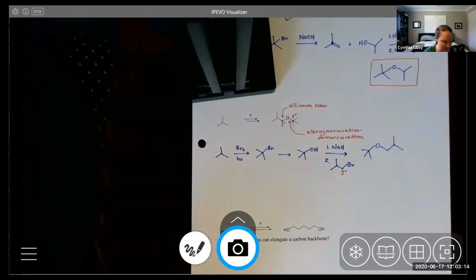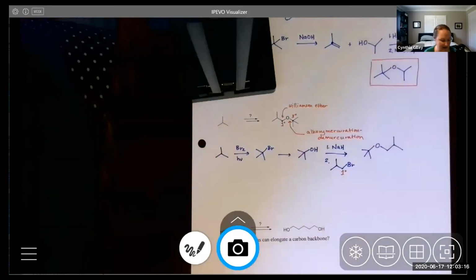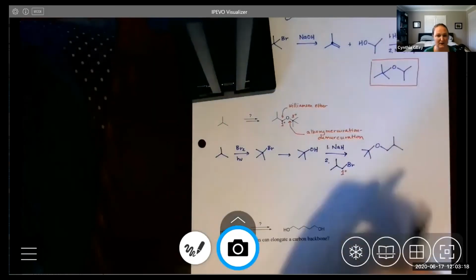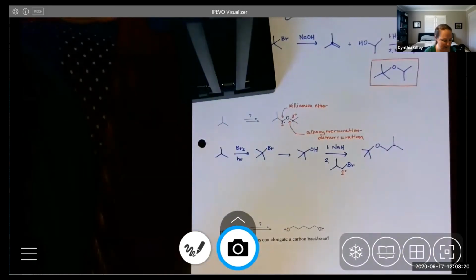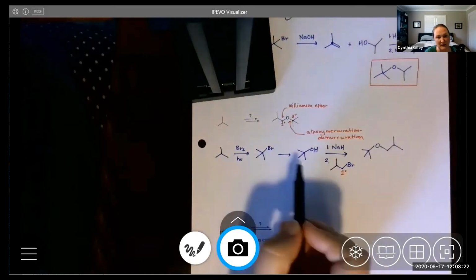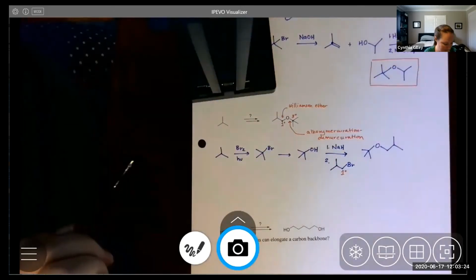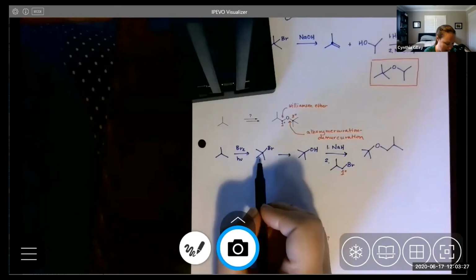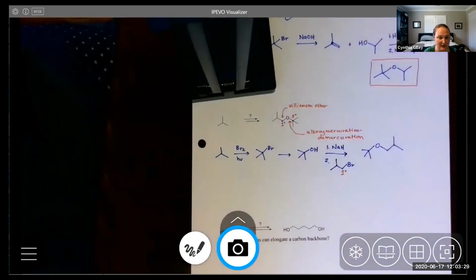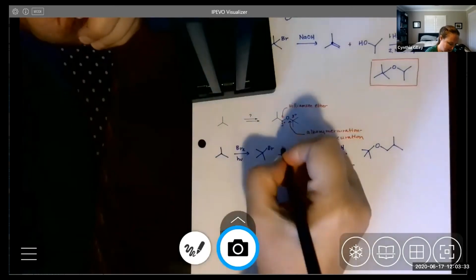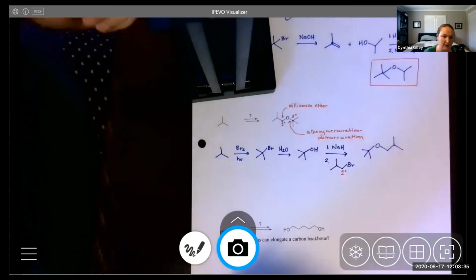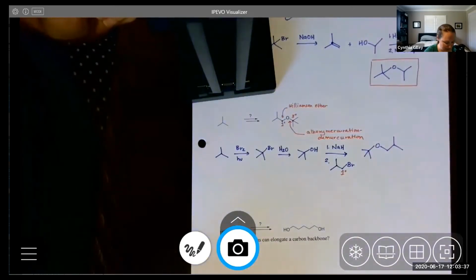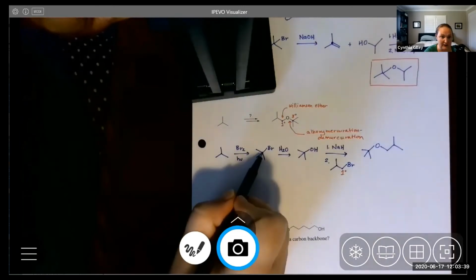Notice I didn't write anything in here yet. That's just because I felt like doing the last step first. Just because I know I need to do this doesn't mean I have to write in the reagents. So then I go back and ask, how can I do this? Can I do it in one step? The answer is yes. You can do an SN1 reaction with water, because it's a tertiary carbon and bromide is a good leaving group.